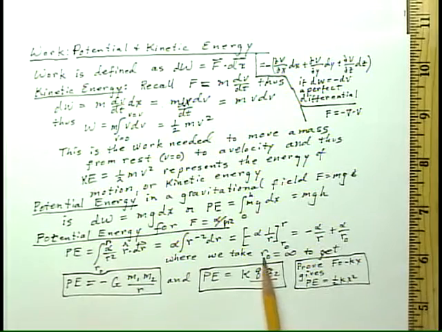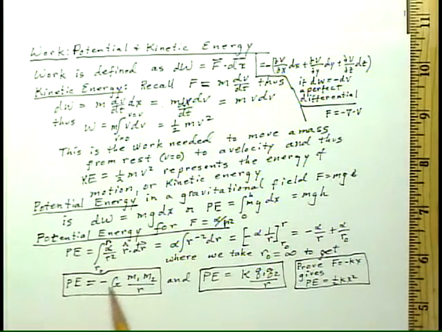It is convenient to take r naught, our reference point for all of these forces that are 1 over r type of potentials, to be 0 at infinity. So we reference our point at infinity. And the reason for that is, obviously, if we were to reference the point 0, this would explode and we would be adding infinity to everything. So we take r naught to be infinity, and that gives this term vanishing.